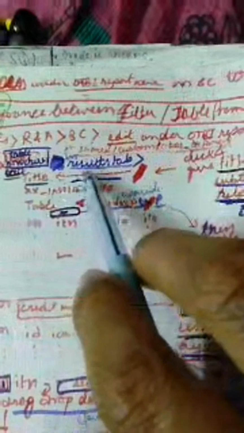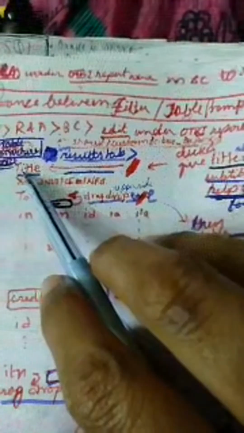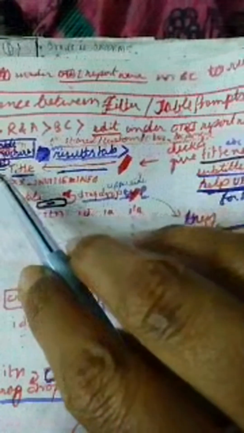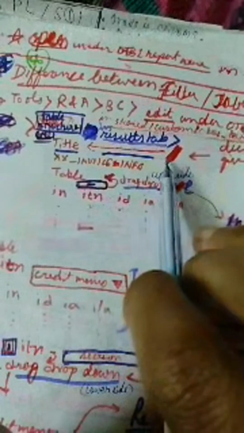Here in the Results tab, what we do is the title name. If I want to give a title name to this, we'll click on the edit button here, click on the title name, and logo and subtitle and all these things help.